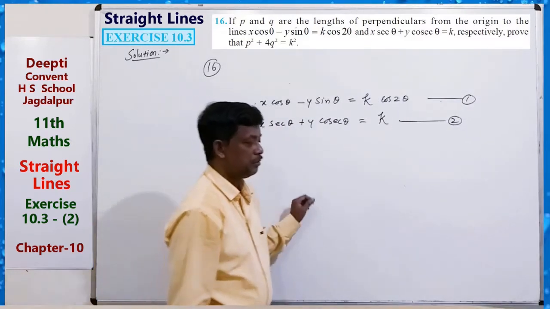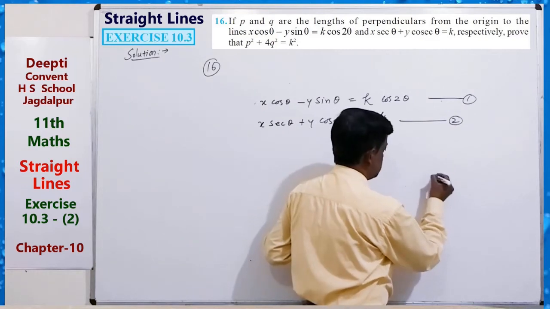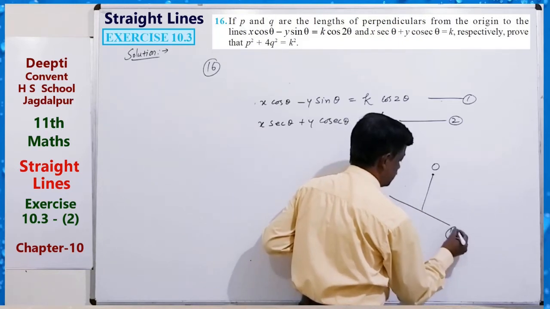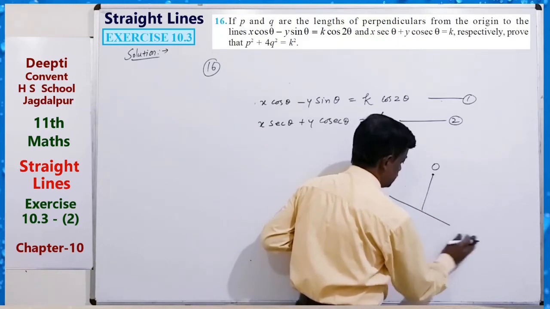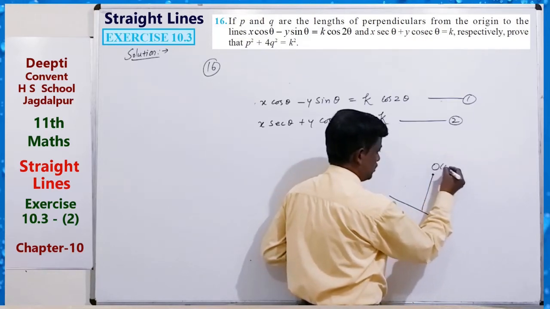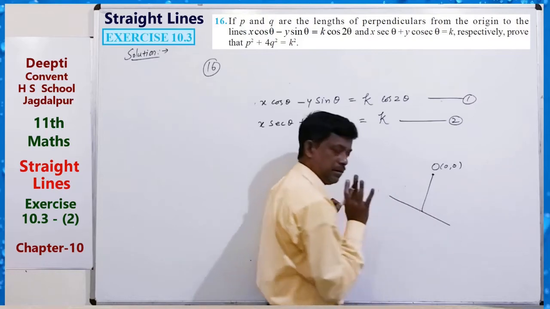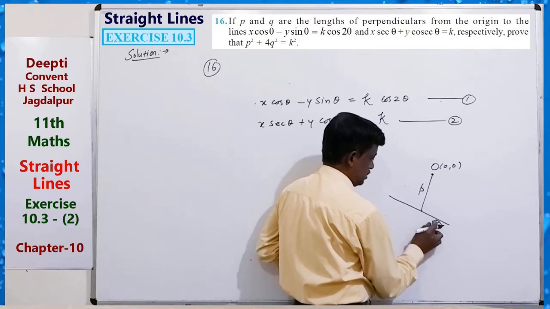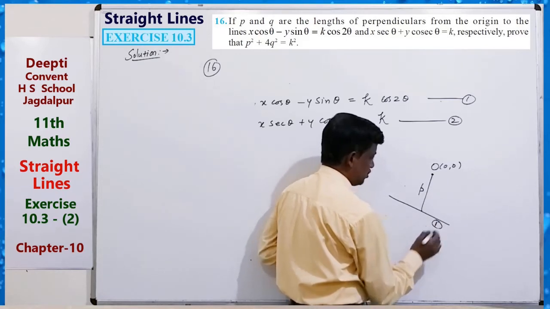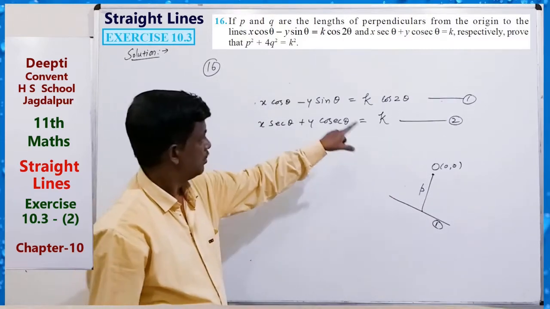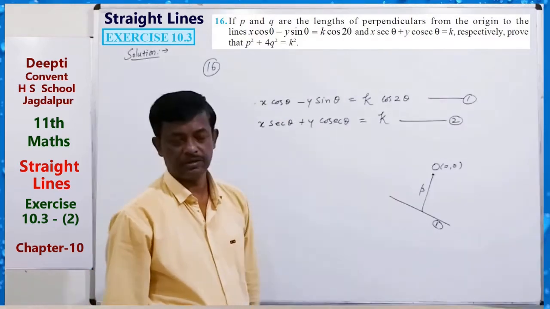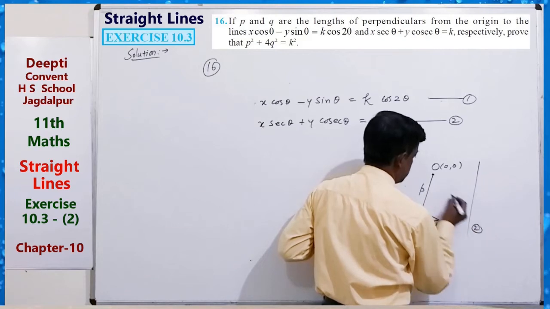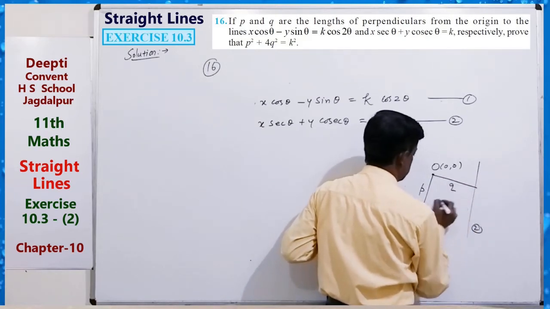Now from the origin, draw a perpendicular on line 1, this is p. And from the origin, another perpendicular on line 2, this is q.